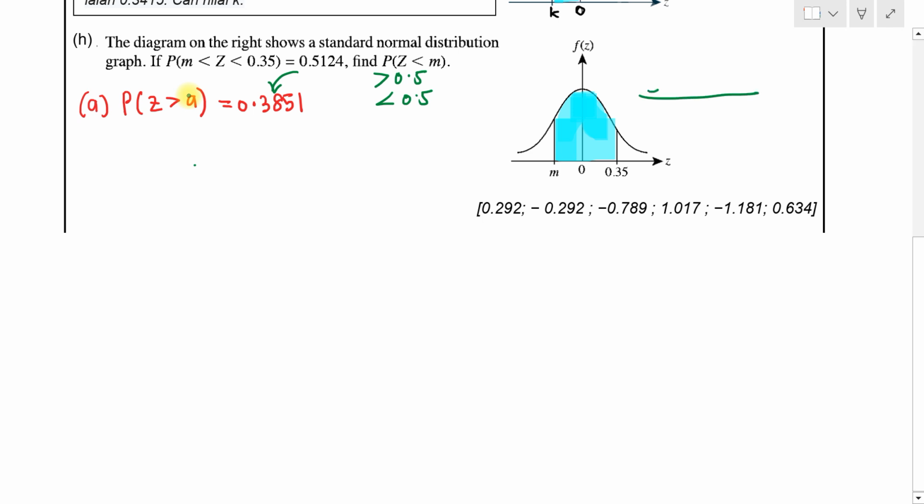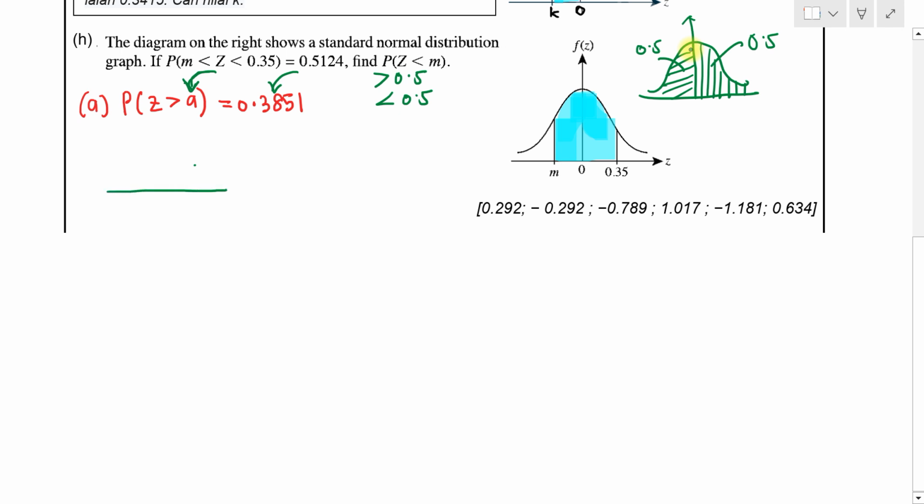Our normal distribution graph is symmetrical, so one half has a total probability of 0.5 and the other half also 0.5. In total, the probability sums to 1. Remember that, and you need to position this A in the correct place. That's the major issue here.